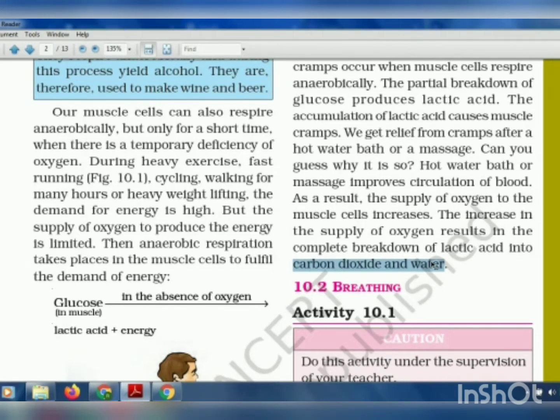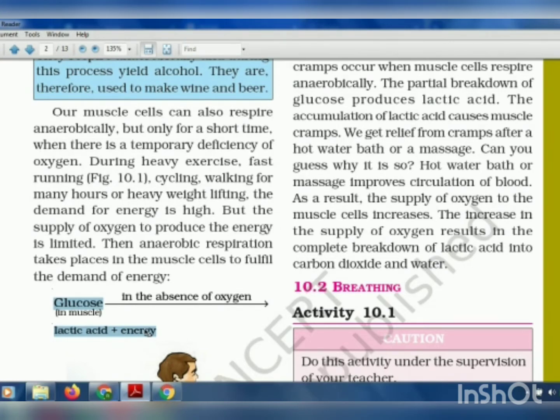Okay, so you have to remember this equation for anaerobic respiration in the muscles of a human being. When our muscle cells do anaerobic respiration, glucose is converted to an acid, and that acid's name is lactic acid.